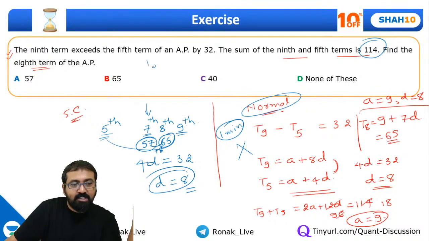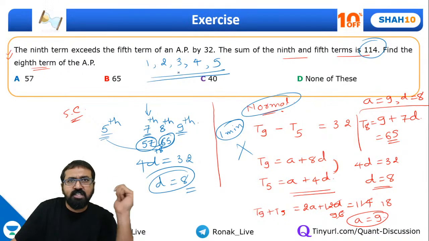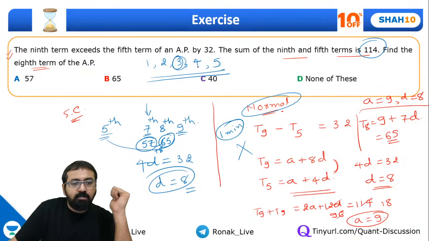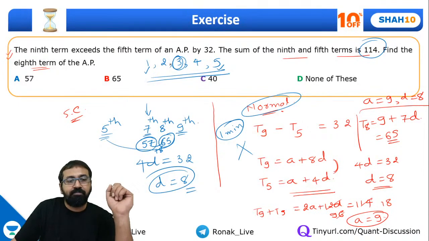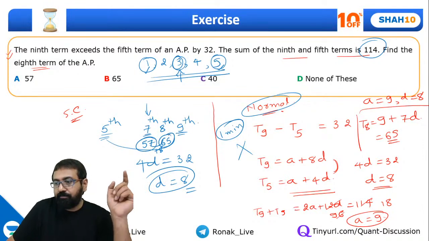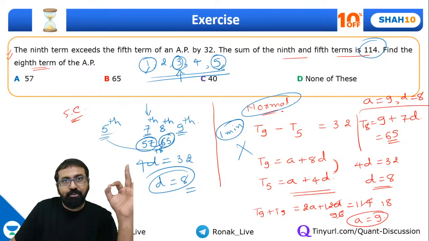Can I say 1, 2, 3, 4, 5: these are 5 terms in arithmetic progression, of course with difference 1. So what will this 3rd term be? It will be half the sum of the first term and the 5th term. So that is what I did over here.